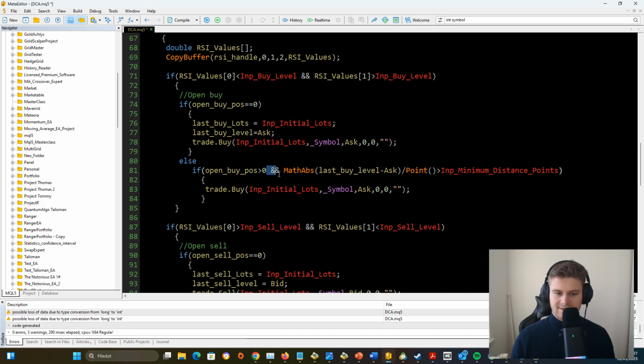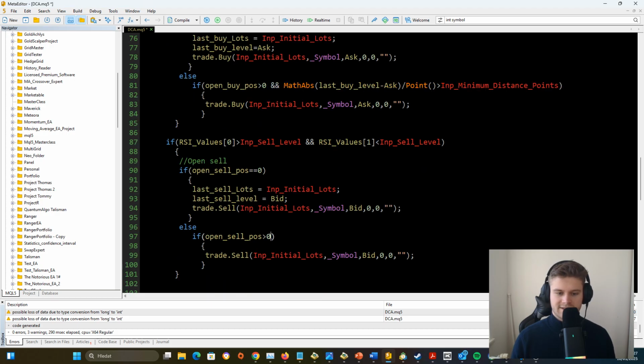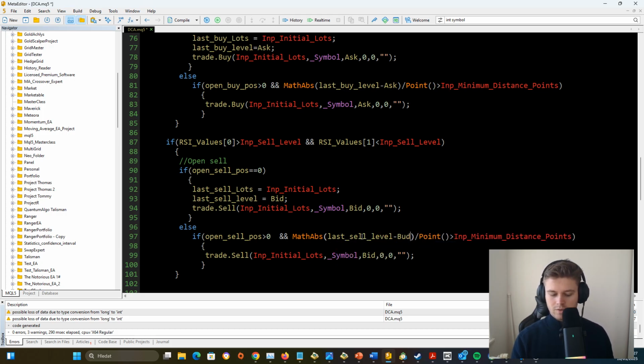So this is our secondary condition, this is for the distance. And here we just do the same thing: last sell level minus bid. Okay, so this is the correct way.